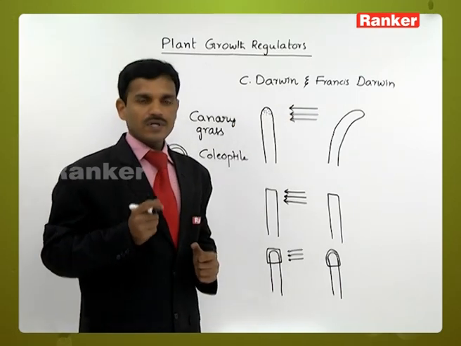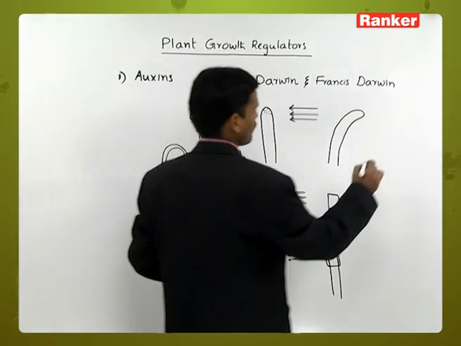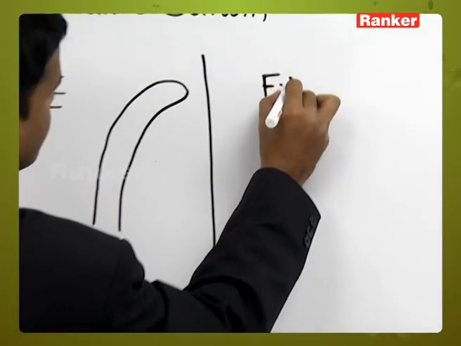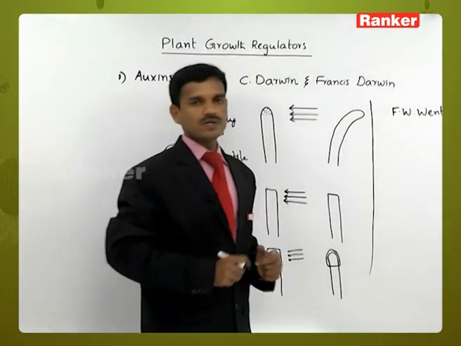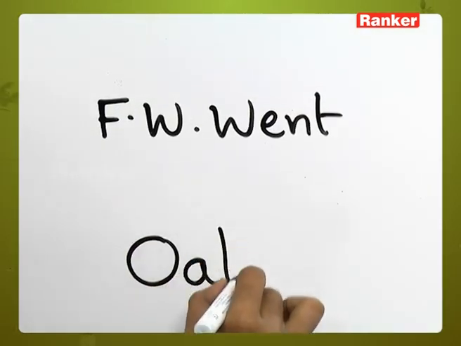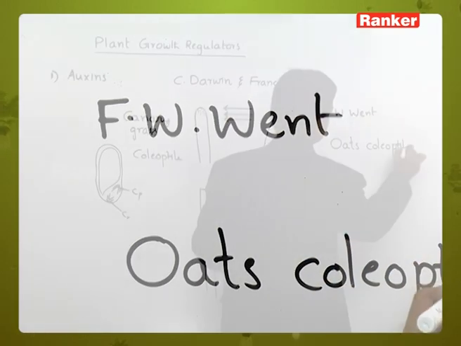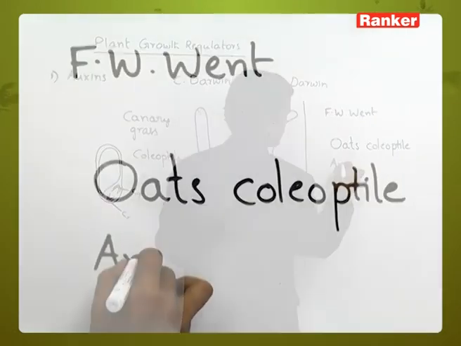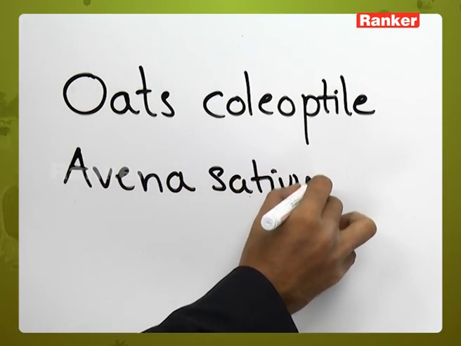Next, after some years, the scientist F.W. Went observed the oats coleoptile. Oats, scientific name Avena sativa, is also a monocot plant.